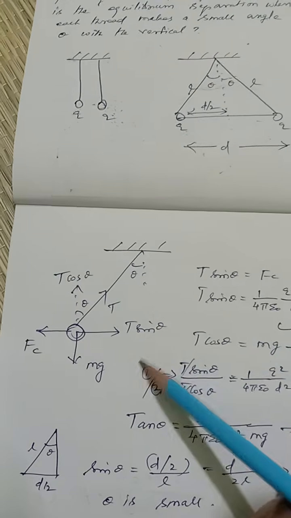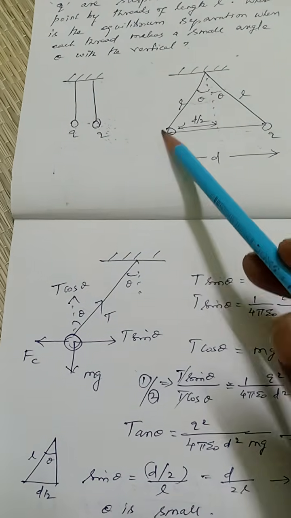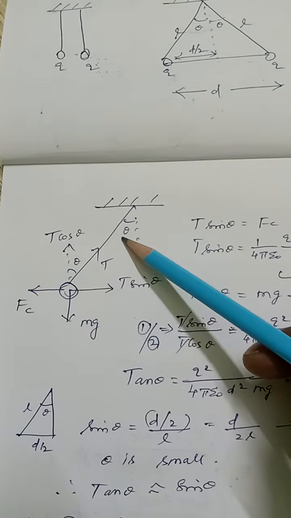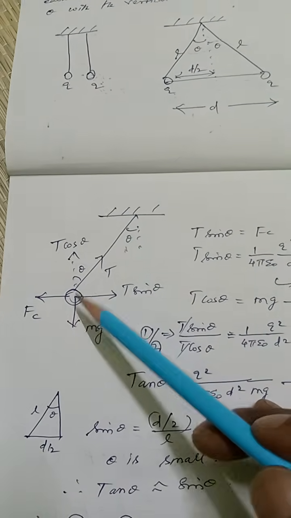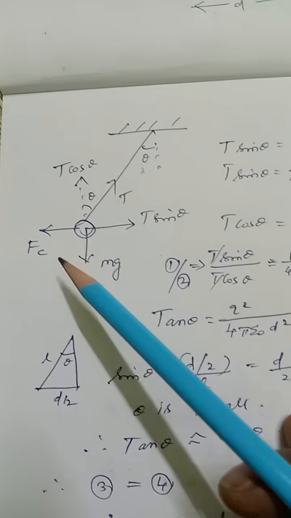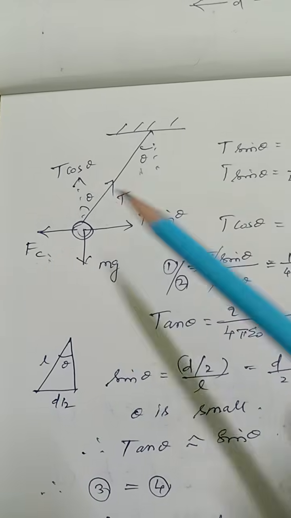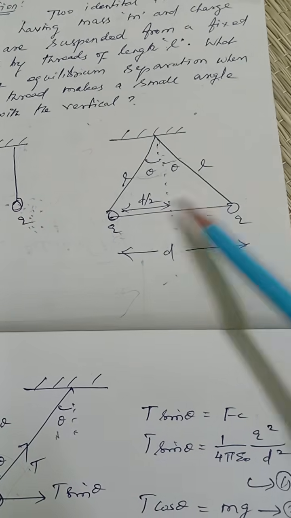See the diagram. I have magnified this portion of the diagram. Here this T represents tensional force in the thread. In the thread there is a tensional force, and another force, this Fc, is the Coulomb force. Coulomb force means by Coulomb's inverse square law, these two charges experience repulsive force.